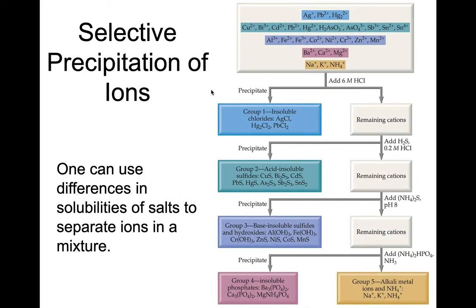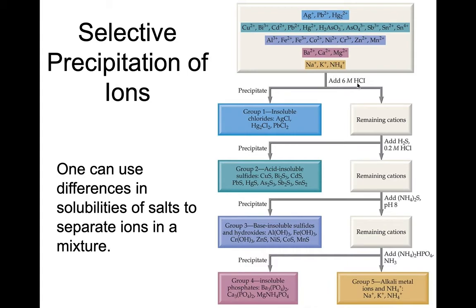So here's a flow chart. It goes through a couple rules, because I think in your homework problems we will only ever have one-step precipitation, but you can use selective precipitation, which would utilize the difference in solubilities of different salts to separate a mixture of ions. So we've got all of our common possible ions up here. This is just an example of what we could do to separate them out one by one.